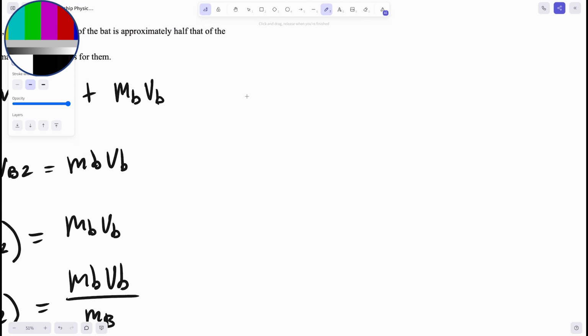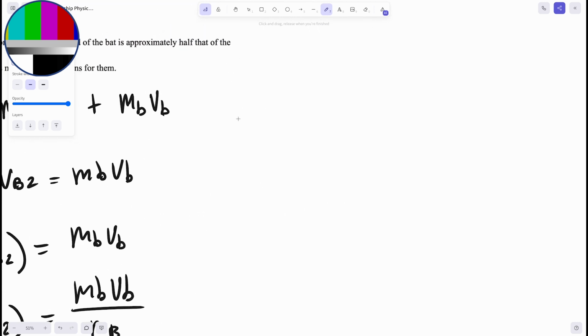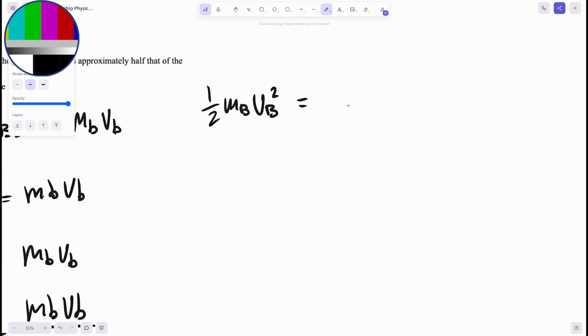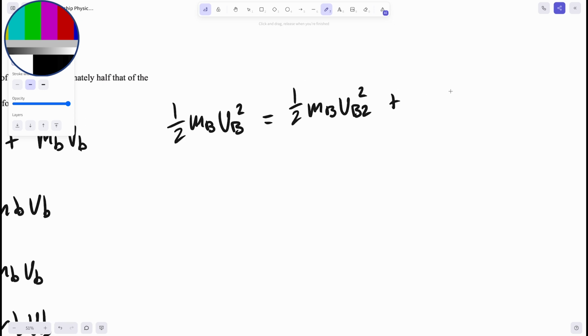Let's move on to our conservation of energy. Again, initially the only thing that's moving is going to be the bat, so that's going to have all the kinetic energy in the system: half the mass of the bat times the velocity of the bat squared. And for our final energies, the bat is again still going to be moving, so that's half mB VB2 squared plus the kinetic energy of the ball, which is half m little b v little b squared.